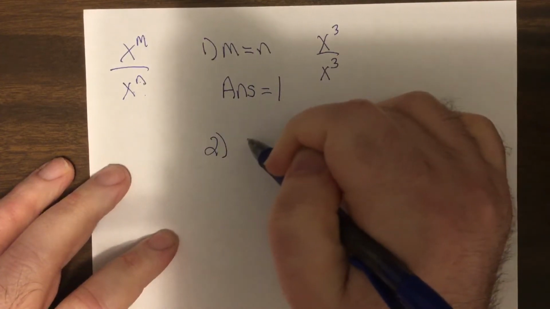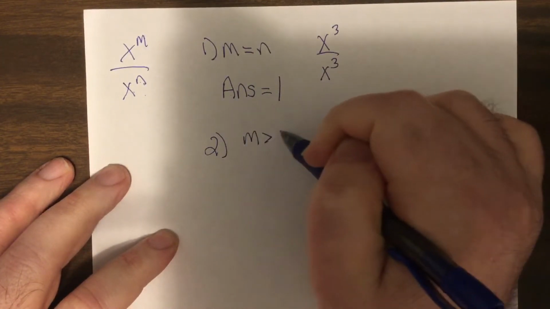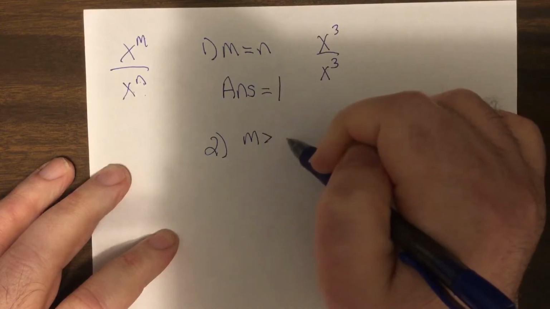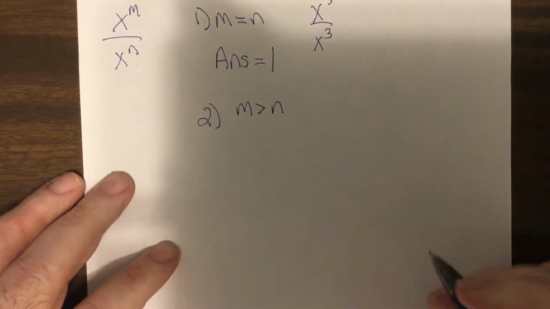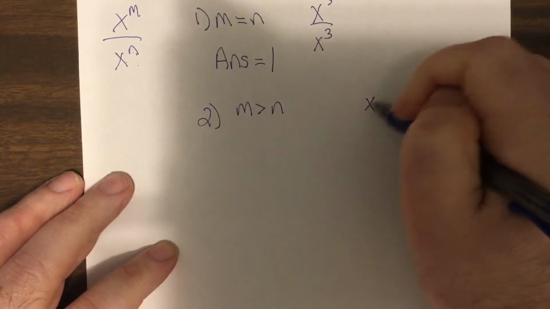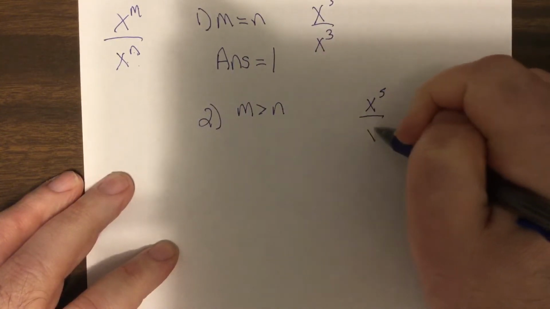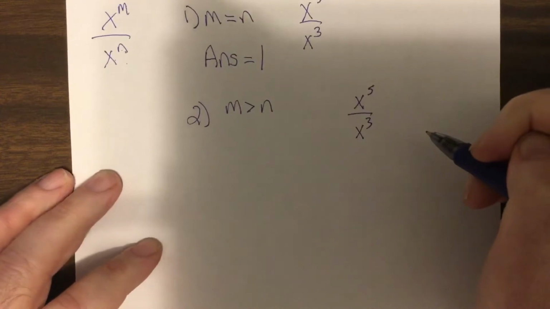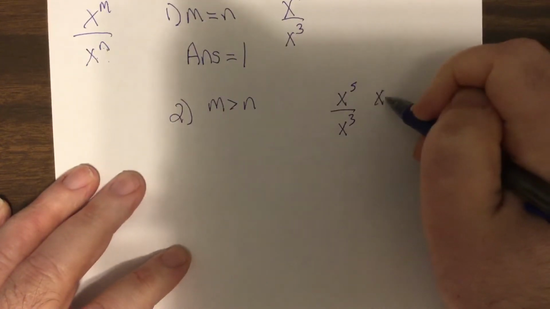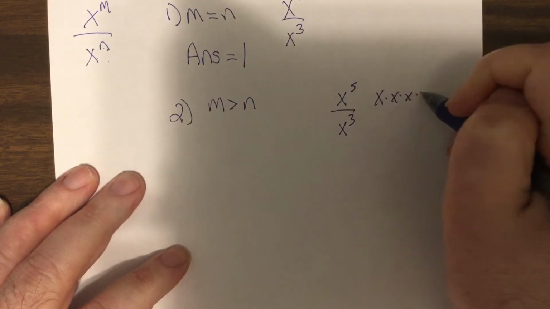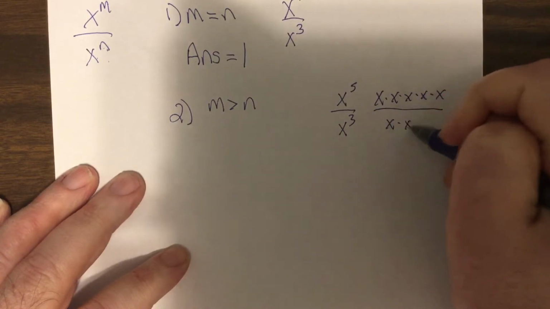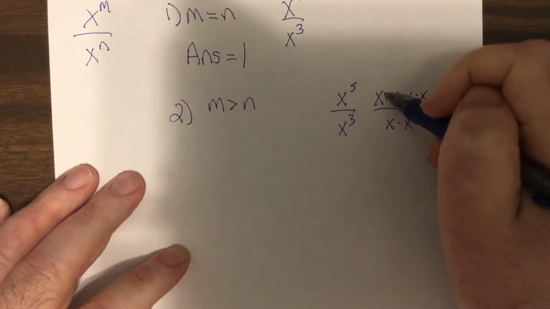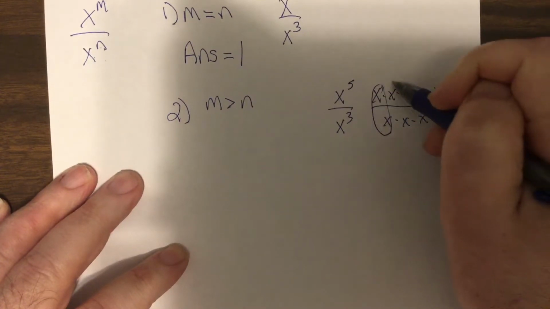If the top power is bigger, that means you have more of the base on top than you do on the bottom. So it'd be like x to the 5th divided by x to the 3rd. So that'd be x divided by x. Well, anything divided by itself is 1.